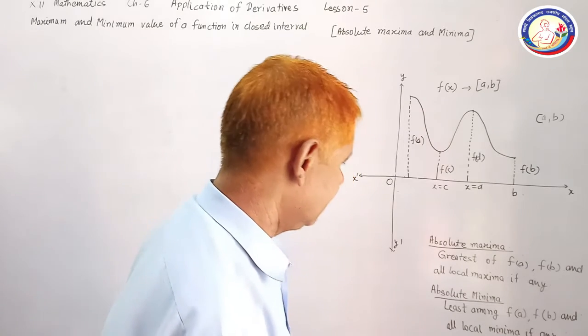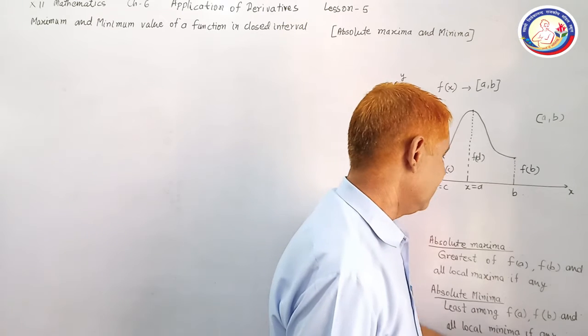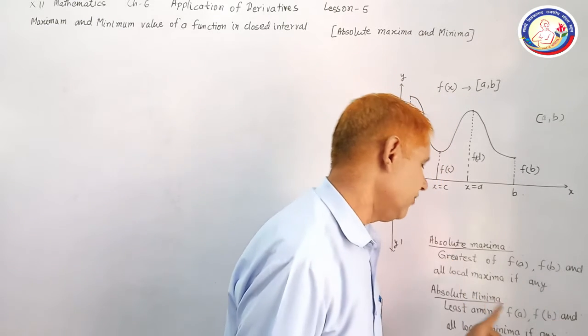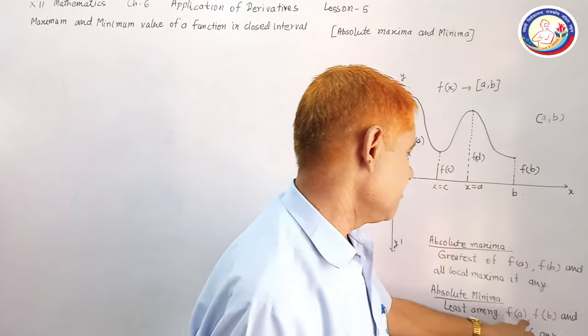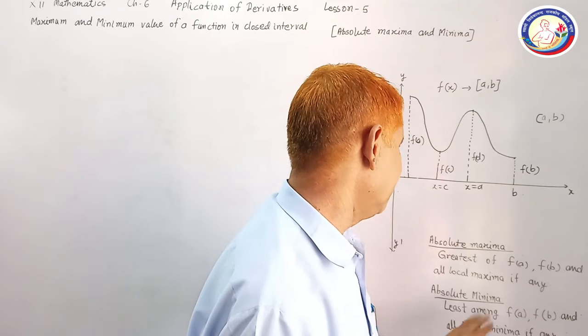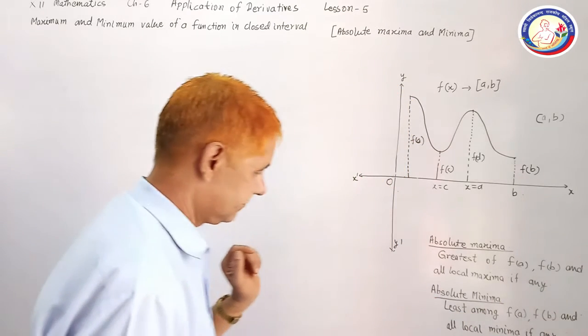And if there exists a minimum value other than the limits, then among the values of the function at the limits, the least is called absolute minima.